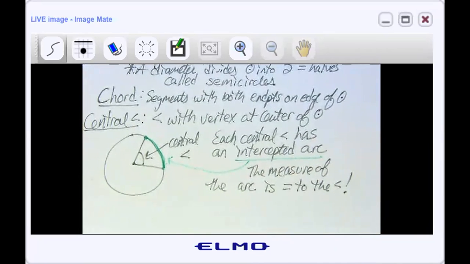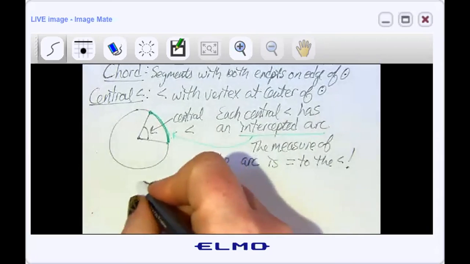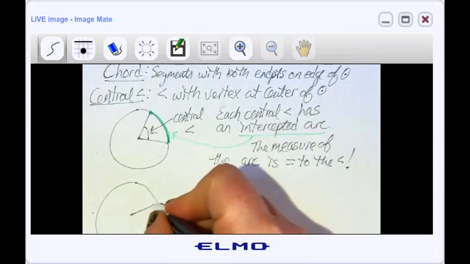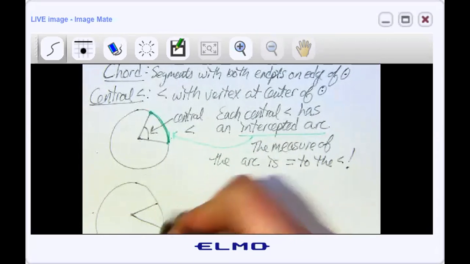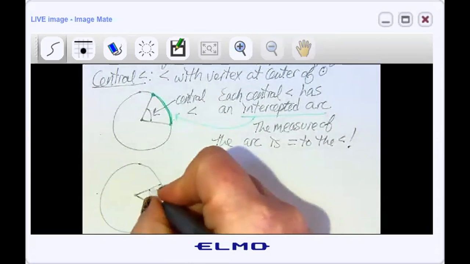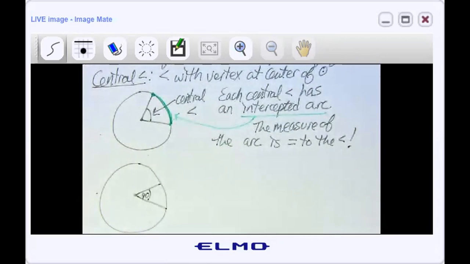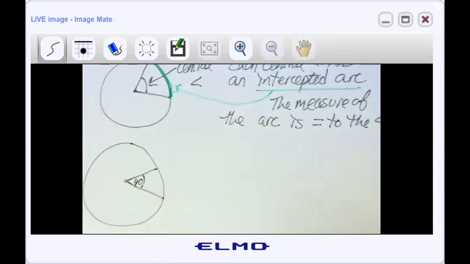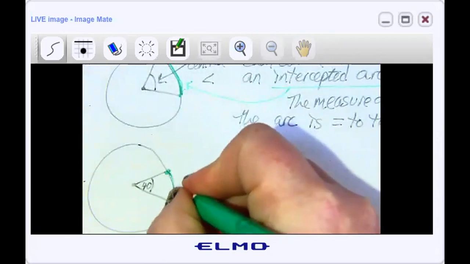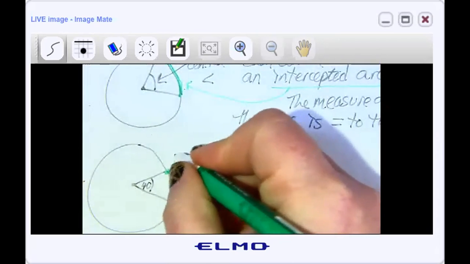That's so cool. On your homework today, you're going to have stuff that looks like this. I'm going to give you a circle and a central angle, and I'm going to tell you that the central angle is, let's say, 40 degrees. Let me zoom in on this a little bit so you can see it. I'm going to ask, what's the measure of this arc? By the way, how do you name an arc? You just use the letters on the ends.